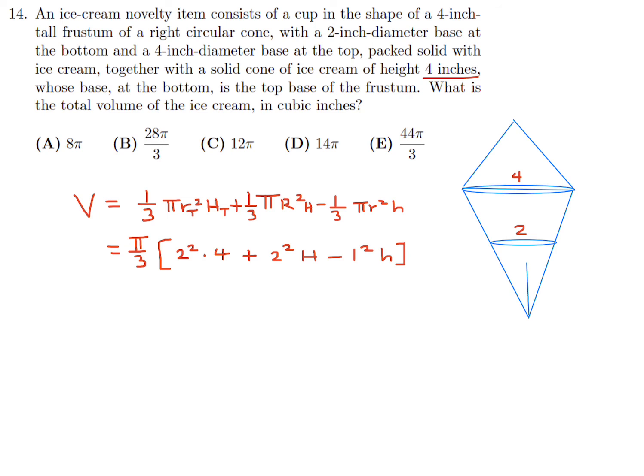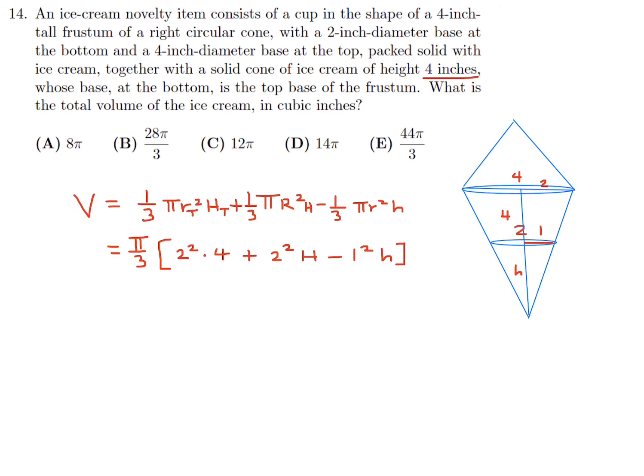Okay, so now we've got to chase after these heights. So let's draw a line from the bottom to the top, and I think we're going to use some little triangles. So this from here to here is 1, and I'll call from here to here small h. And the frustum is 4 inches tall, so from there to there is 4. And then from here to here, that's 2, since it's half of the diameter.